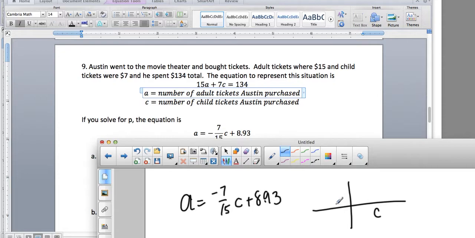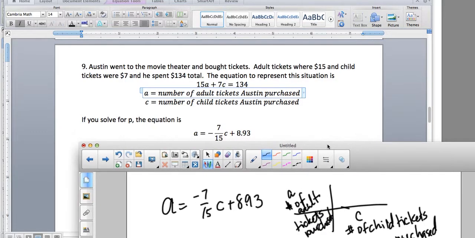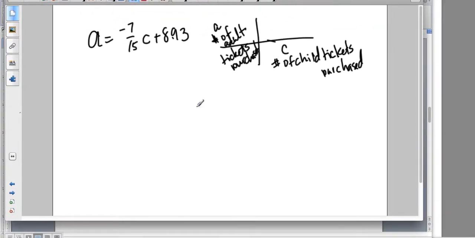The C is acting as the X and the A is acting like the Y. So this is the number of child tickets purchased, and this is the number of adult tickets purchased. So that is very important in learning how to understand the slope, the y-intercept, and the x-intercept. So let's go ahead and do that.